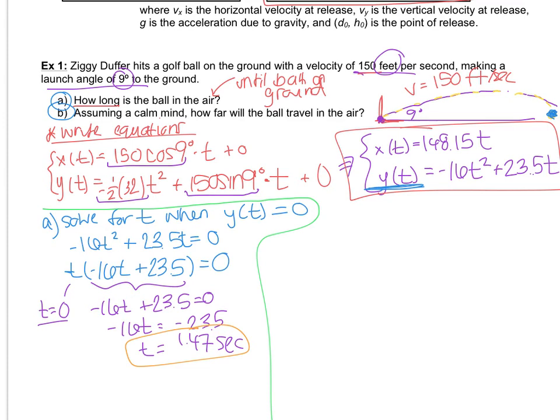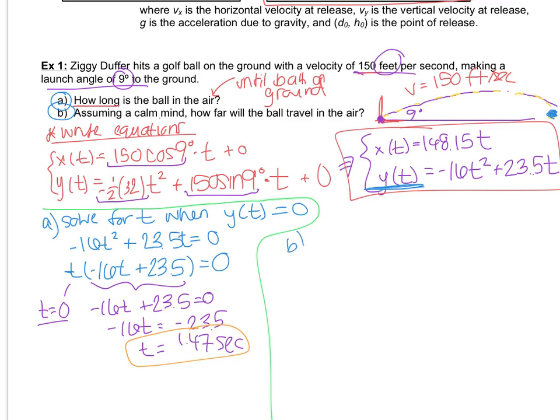Well, if we know that the ball is in the air for 1.47 seconds, then we can find the horizontal distance just by plugging in that total time that it's traveling in the air, 1.47, into our horizontal equation, x of t, because now we know the total amount of time it's in the air.